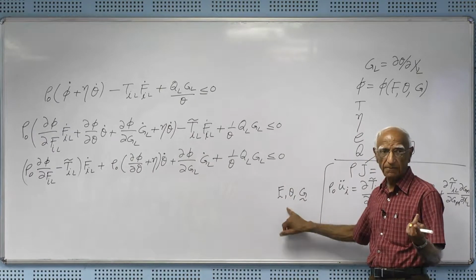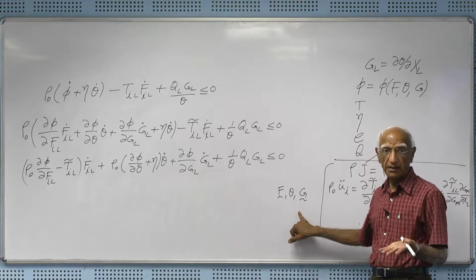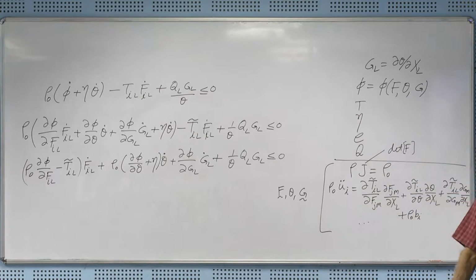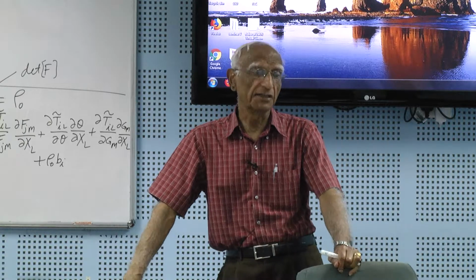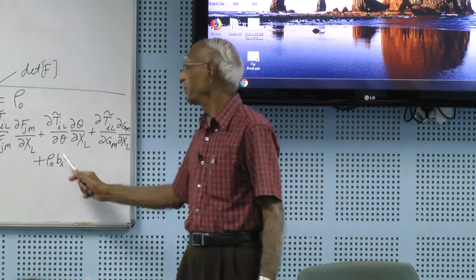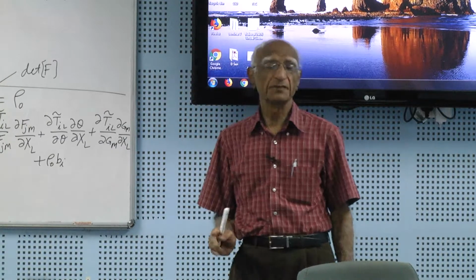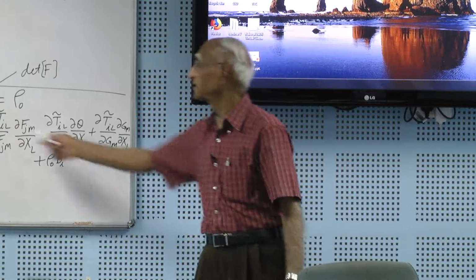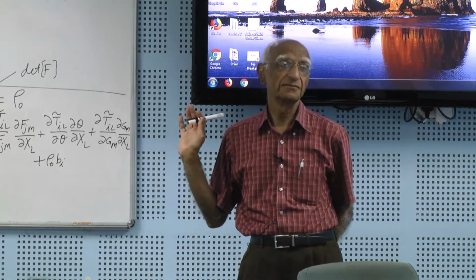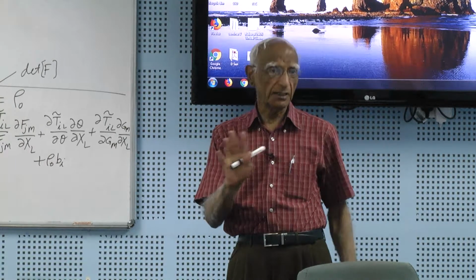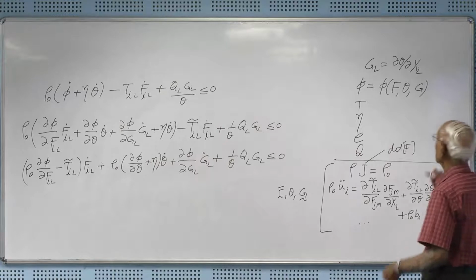Temperature is a scalar, and g has 3 components. So we have 13 quantities. If I choose these 13 quantities, F, theta and g, I can find the body force in principle, so that this equation is satisfied. This is not my argument, this is the argument due to Coleman and Noll.